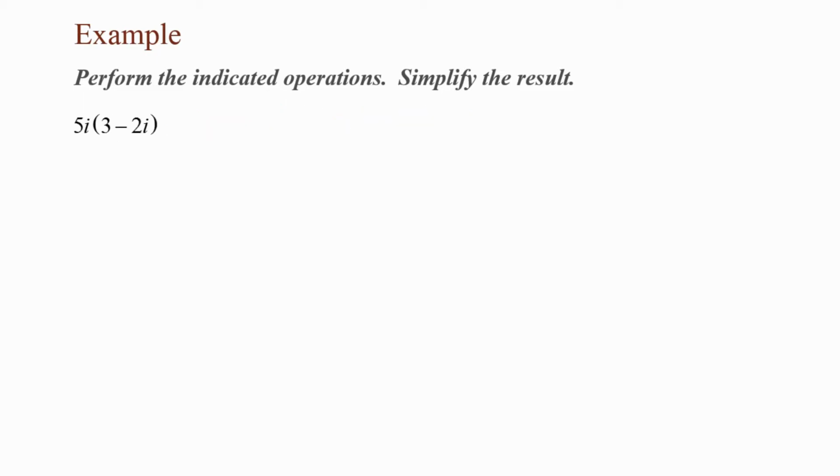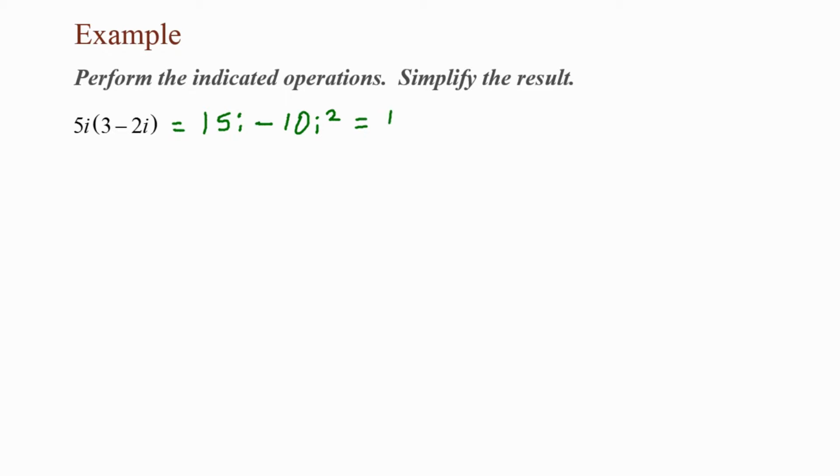In this example, perform the indicated operation, simplify the result of 5i times the parentheses 3 minus 2i. For this problem, I want to distribute. 5i times 3 is 15i, and then 5i times negative 2i is negative 10i squared.